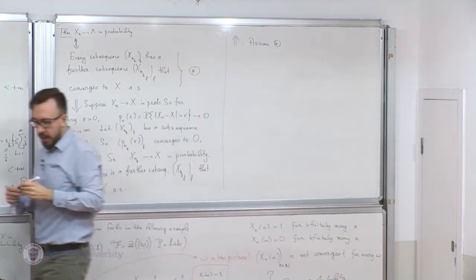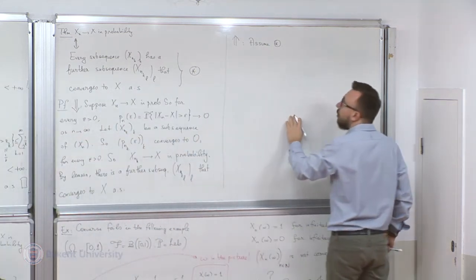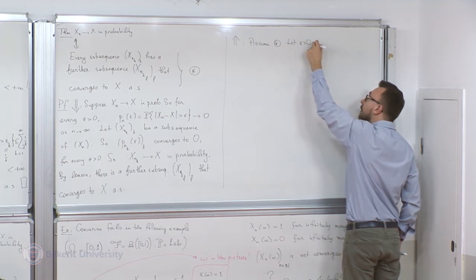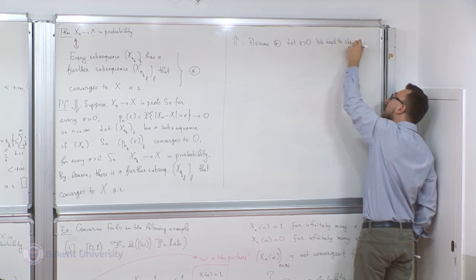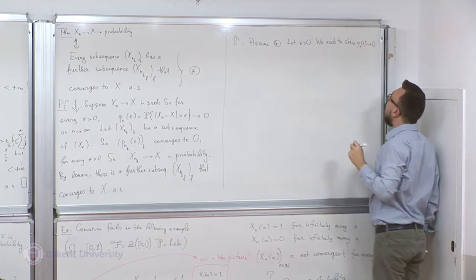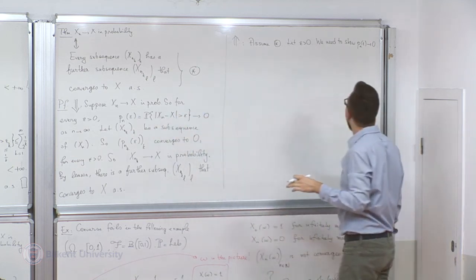Now we're going to show that Xn converges to X in probability. So let epsilon be positive. We need to show that this probability converges to 0.